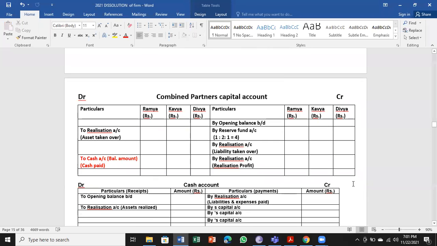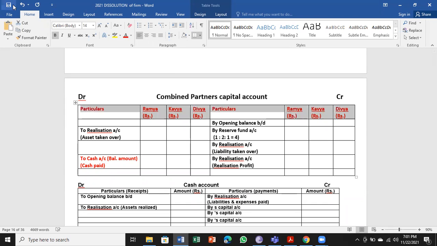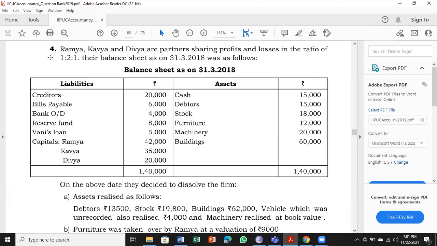Coming to the combined partners capital accounts, there are 3 partners. So I have opened 3 columns, 1 column for each partner. We have to start with always opening balance brought down. That is the capital balances of the 3 partners, as given in the balance sheet. Capitals of Ramya, Kavya and Divya are all on the liabilities side.